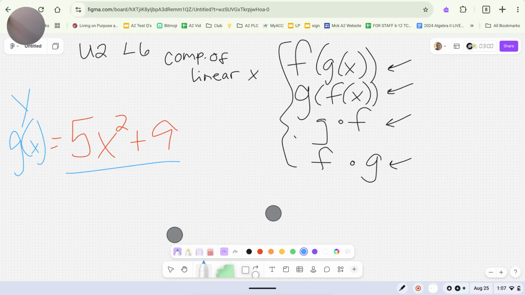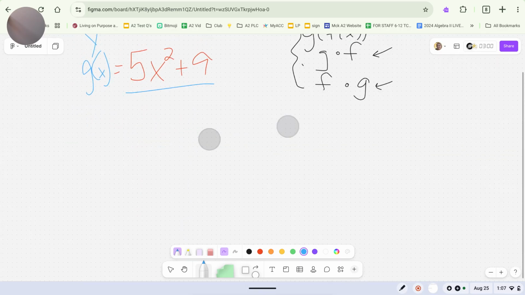So if I put something like g of 2, what that means is, look, where is the 2? It is in the same position as the x, right?